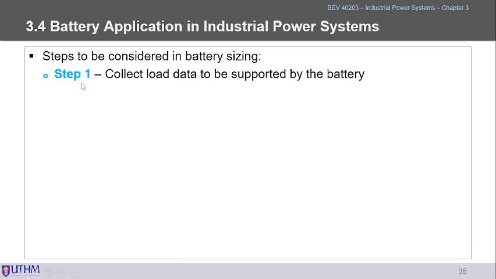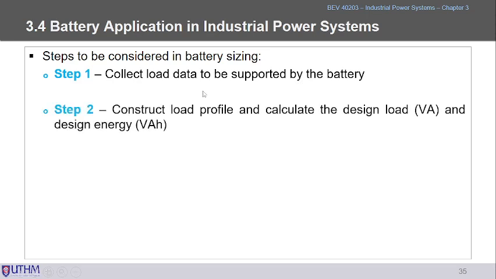So of course, step one is to collect data, including what kind of loads we are going to back up using the battery, and what the power rating is, for example, the voltage, etc. So we need to have the data collection first. Then step two, we need to construct the load profile for our load.